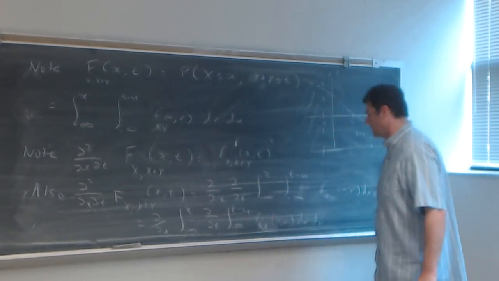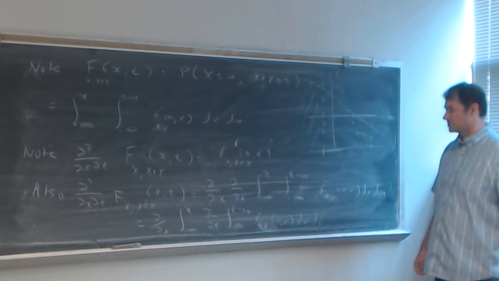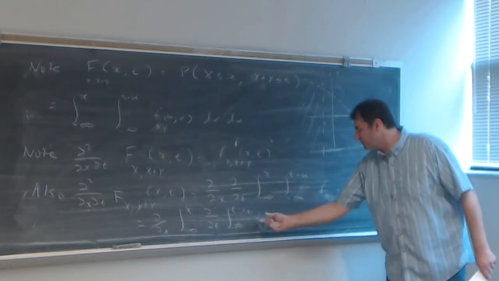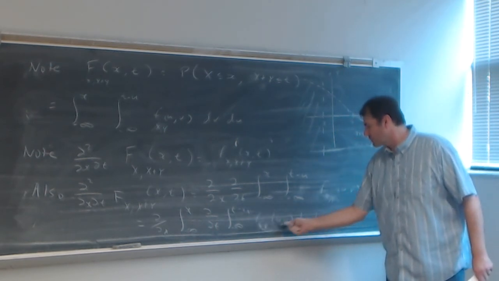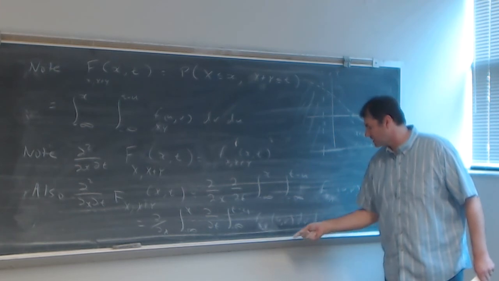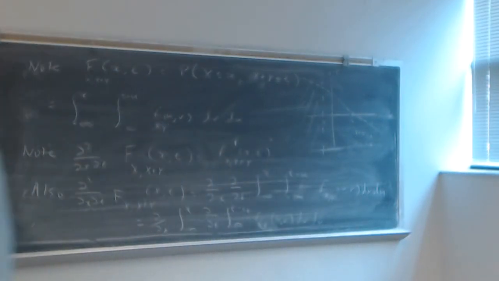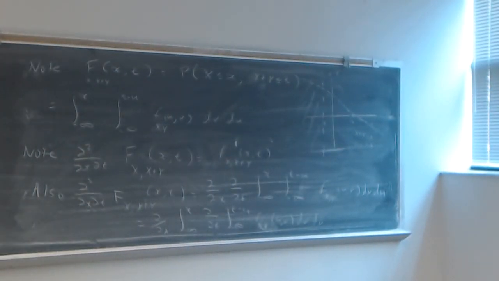It's the joint PDF of x and y. That's what I should have written, so make that change. All right, so here we use the fundamental theorem of calculus. We're integrating with respect to v. We think of u as a constant here. And so using the fundamental theorem of calculus, the derivative of the integral just becomes what we're integrating, evaluated at that upper limit.